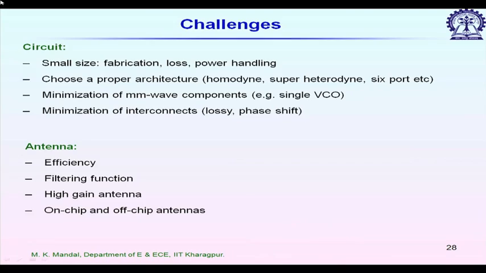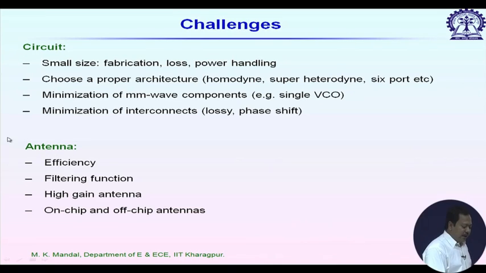Now, let us go back to the challenges. Next is the antenna. It can be a resonating antenna or a travelling wave type antenna.